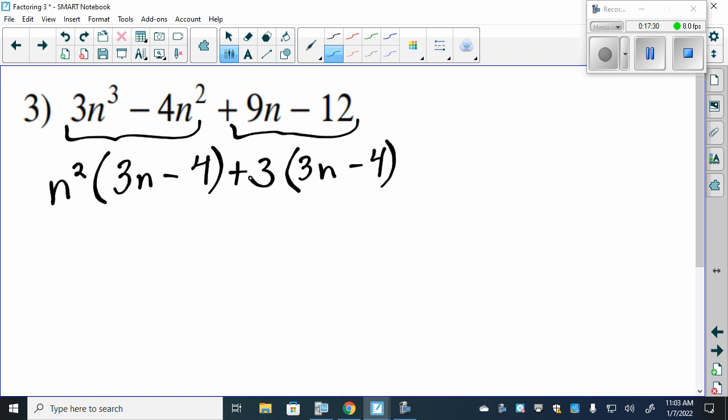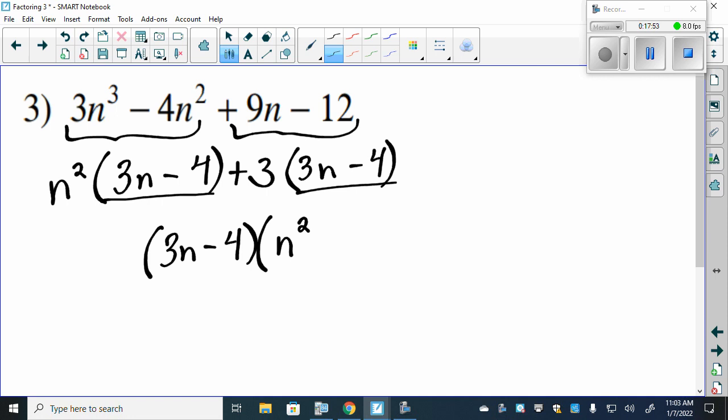And those would be the same. Because again, we want those parentheses to be the exact same. And it does work out that 3 is the greatest common factor between these two here, which does give us another set of greatest common factors that we can factor out. So we'd factor out 3n minus 4, which would leave us with n squared plus 3.